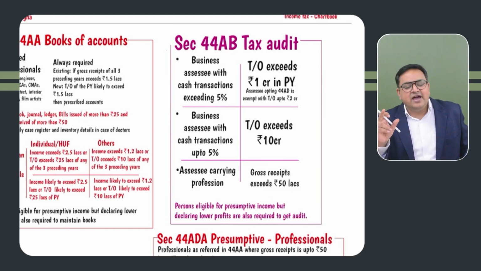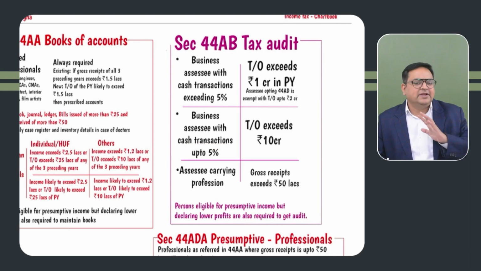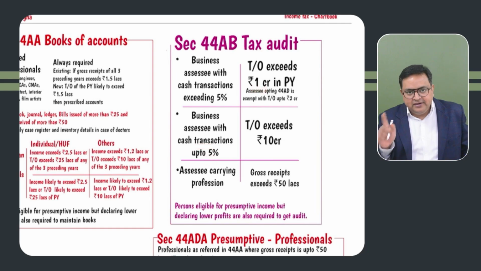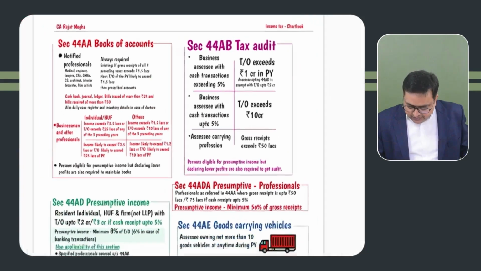All their cash transactions, cash receipts and cash payments, should not exceed 5% of the total payments or total receipts. If it is up to 5%, then we will give them a turnover limit of 10 crore. Up to 10 crore, they are not required to get their accounts audited. But if it is more than 10 crore, they are required to get their accounts audited. But if their cash transactions are more than 5%, then the limit would not be 10 crore, it would be 1 crore only. Got it?